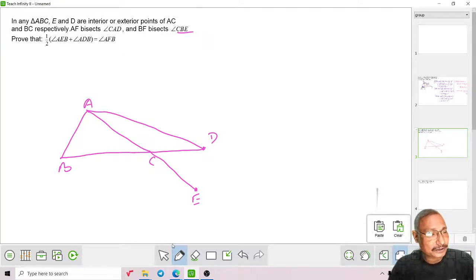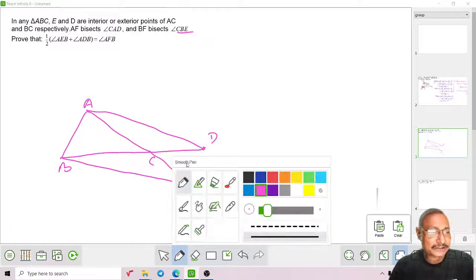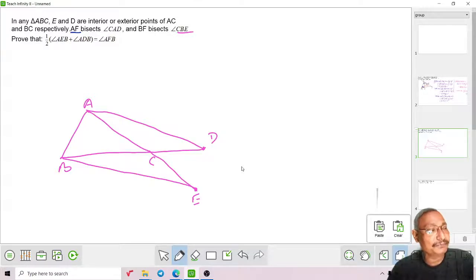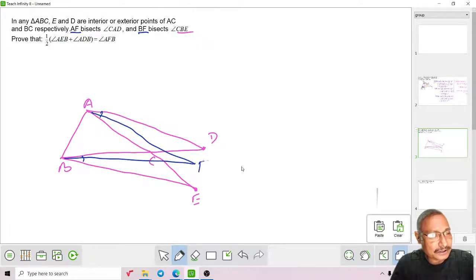So CBE, that means this angle. So we are to get bisectors of these two, and again just recall the fact that these two have the same common point F. BF and AF: the bisector of this and the bisector of this angle are meeting at a point known as F.